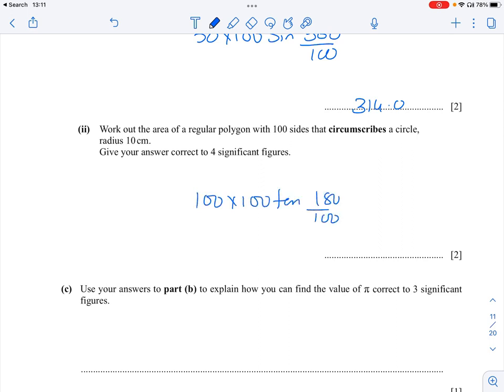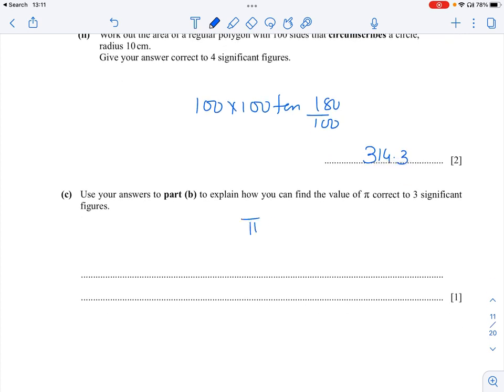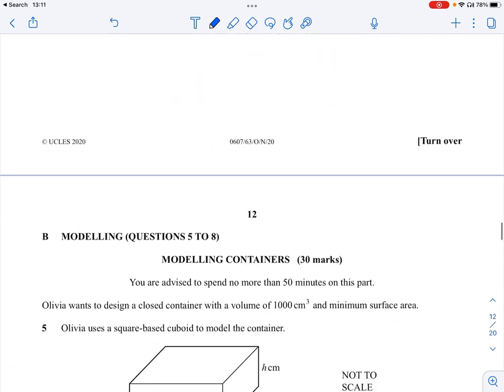Simplify by calculator, you should be getting 314.3. Use your answers in part B to explain how you could find the value of pi correct to three significant figures. So we can say that 100 pi lies between 314 and 314.3. So divide by 100, pi lies between 3.14 and 3.143. That's going to be the explanation.